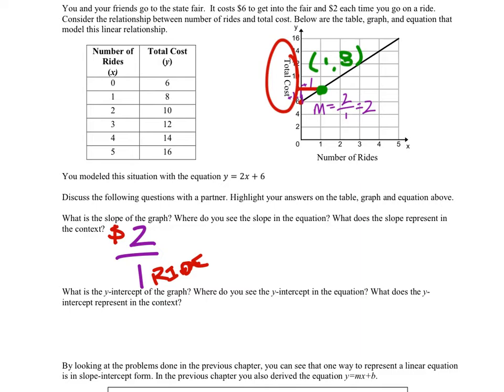All right, on this it is asking what the y-intercept is of this graph. I don't remember us talking specifically about y-intercepts in this class, but we did. I think I'm getting my stuff mixed up from my other classes. So the y-intercept is where the line crosses or touches, some people prefer, the y-axis.